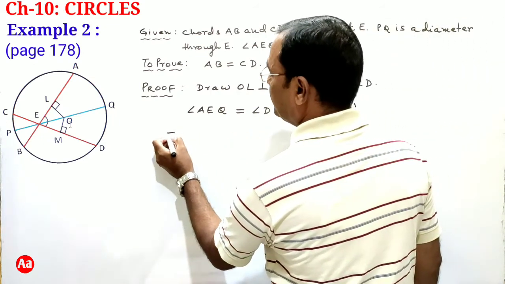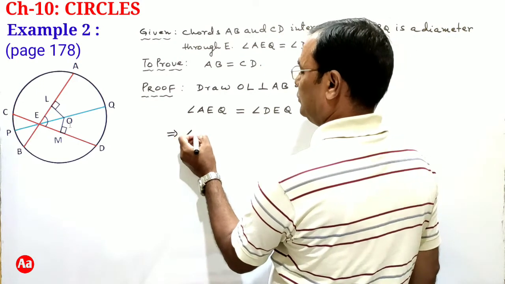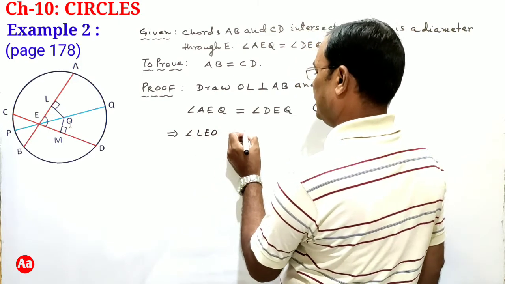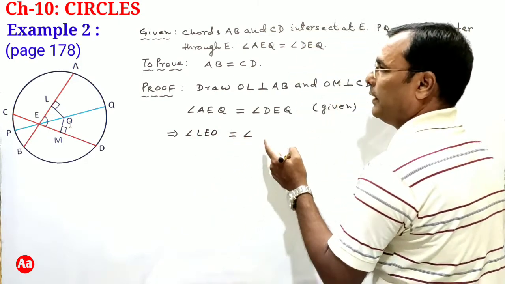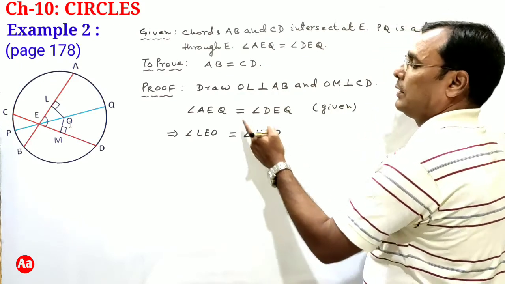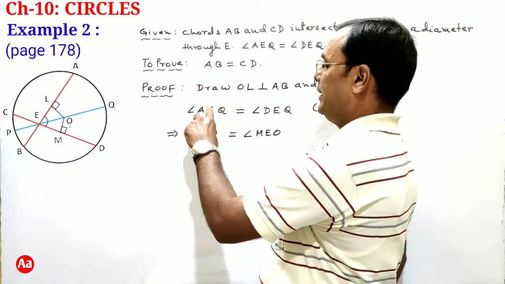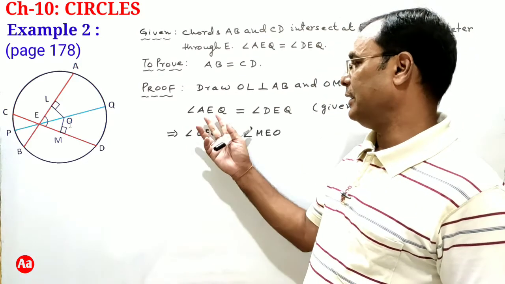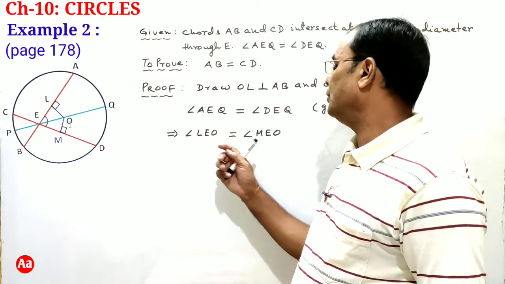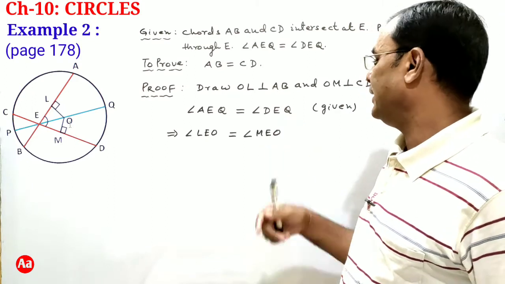This implies angle LEO is equal to angle MEO. Angle AEQ and angle LEO both are the same, just names of the angles we have changed. Name of angle AEQ is written angle LEO and name of the angle DEQ is written angle MEO.